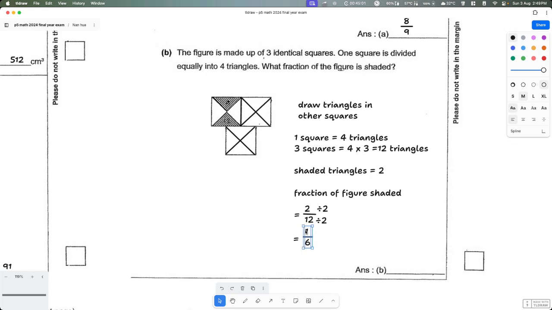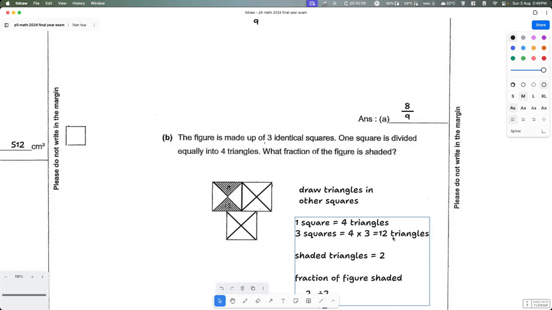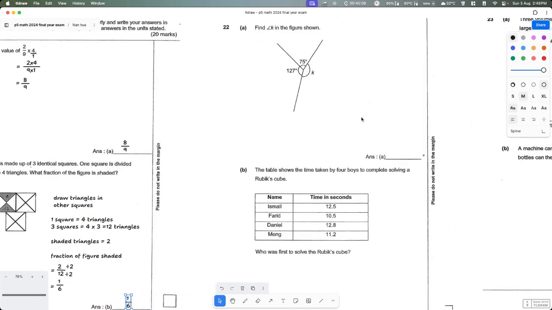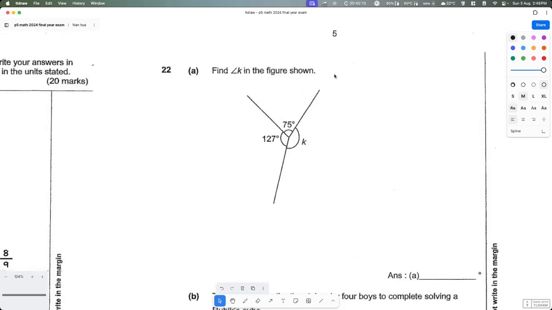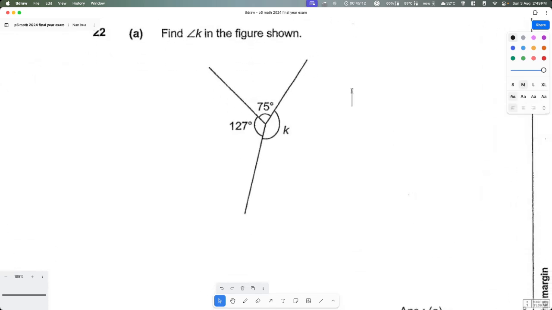Okay, let me copy this. Right, that's for 21 part B. Let's move on to question 22. Okay, find angle K. So one circle angle is equal to 360. So angle K is equal to 360 minus 127 minus 75.